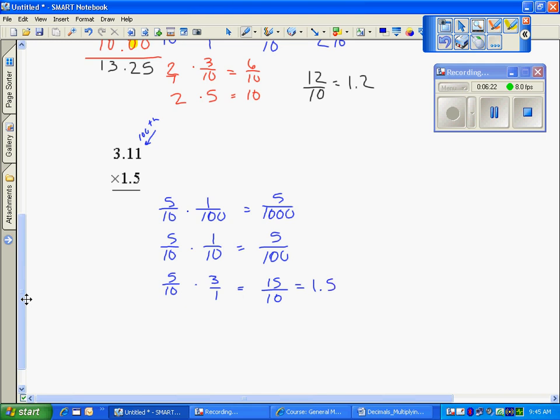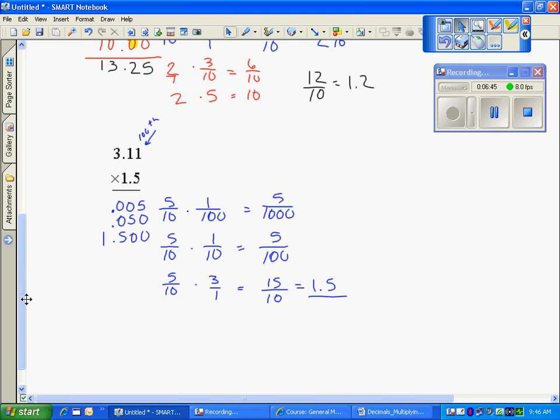So I'm going to go ahead and put those in decimal form, making sure my decimals line up. Tenths, hundredths, thousandths, 5 100ths, tenths, hundredths, but I'm going to put my placeholder in, and 1.5, or 1 and 5 tenths.